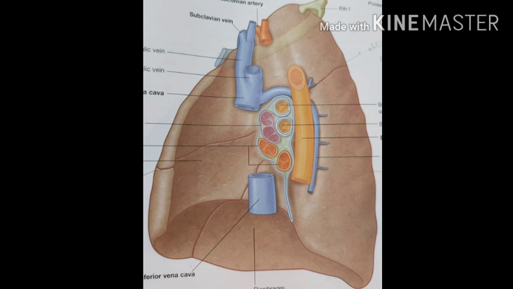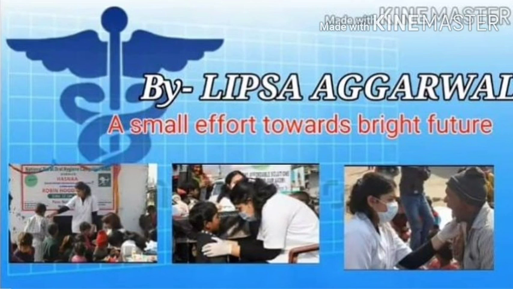Between these two structures there is the hilum, and in the hilum you can very well see the bronchus, the pulmonary artery, the pulmonary veins, and some parts of the heart too. That's all for today.